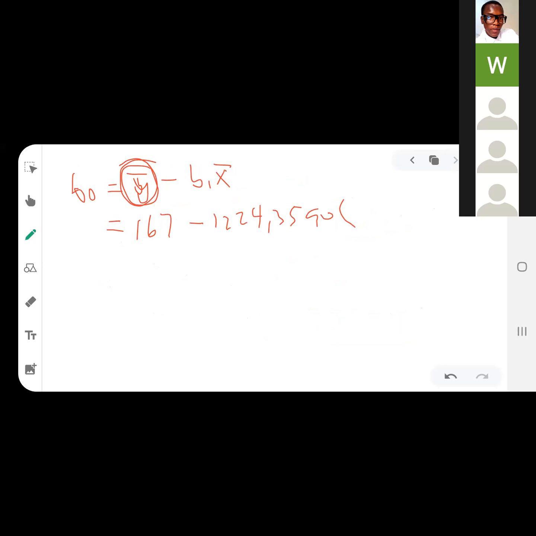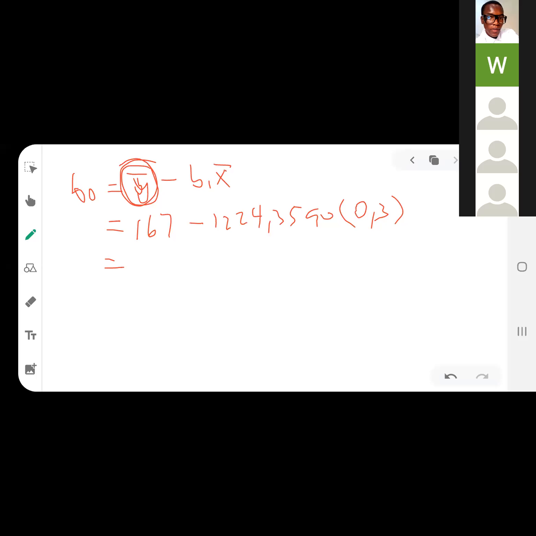You press shift, 1, 4, and then you go to the option of X bar, and then you press equal sign. What is the answer? 0.3. Thank you. And then now you can punch this on your calculator the way they are, and then you give us the answer.